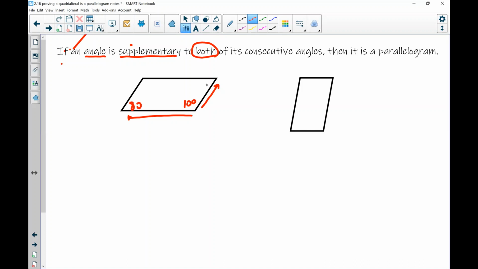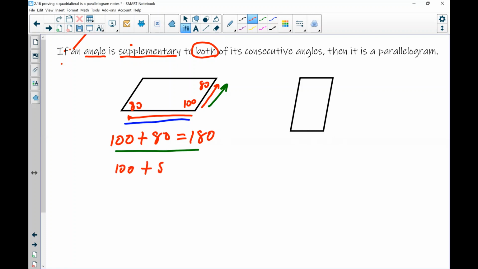So you have to look at both corners that are attached to it. I'm going to underline this one in green, going this way, and then blue for the other way. 100 plus 80 is 180. So if you go one way and add them and get 180, and you also go the other way and add them and get 180, then it is a parallelogram.